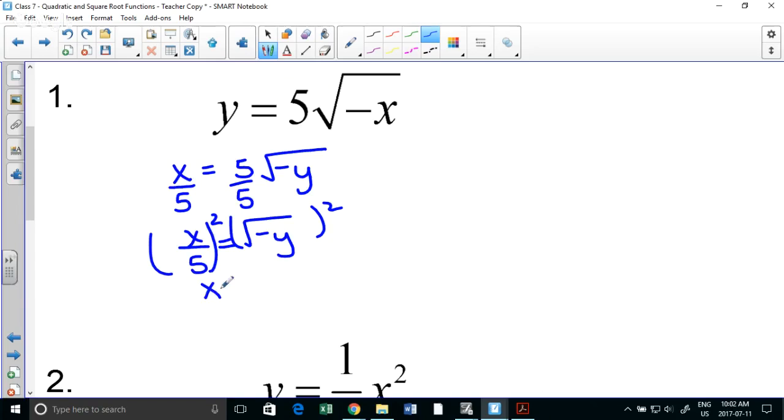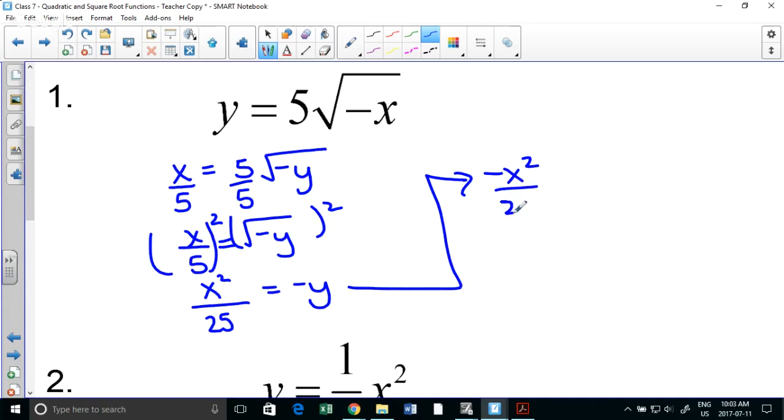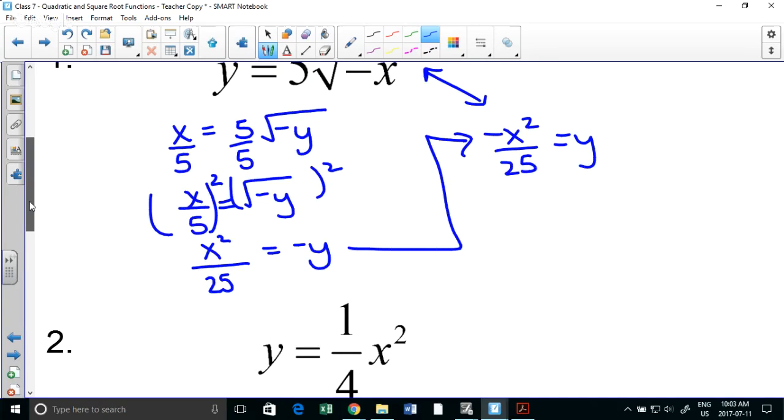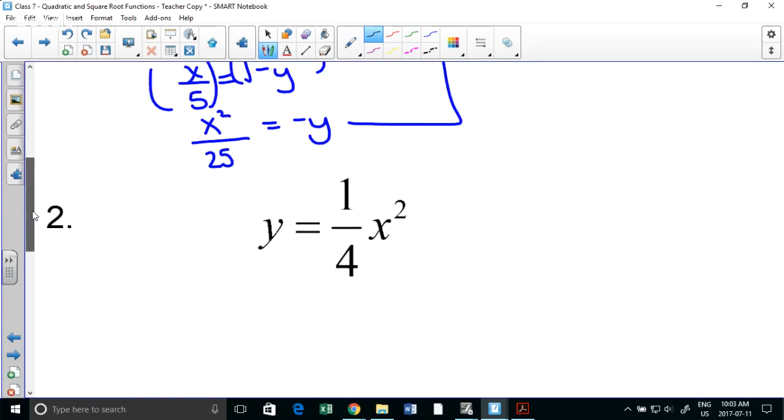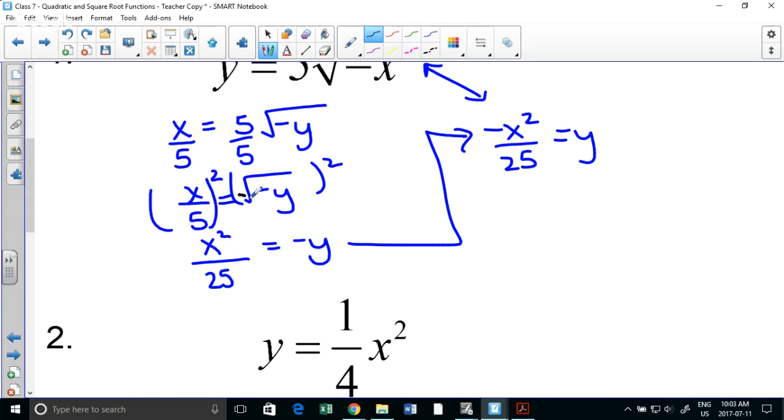So this gives me x squared over 25 equals negative y. The negative goes over, so I have negative x squared over 25 equals y. So these two functions are inverses of each other. We'll do one more. Why did I square it? Because that's the opposite. The opposite of square root is square.